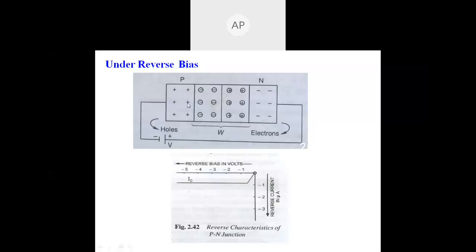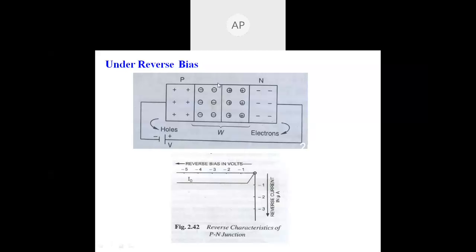So we can say that if we apply an external voltage less than the barrier potential, there will be no movement of electrons and holes near the junction. Therefore there is no flow of current, but there will be a small amount of recombination due to the minority carriers, which to our naked eyes is almost zero.